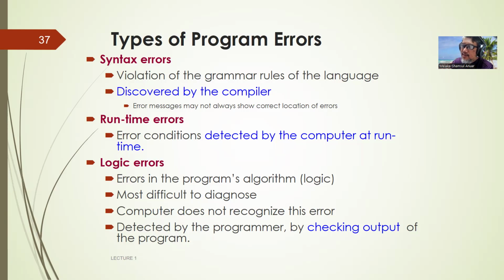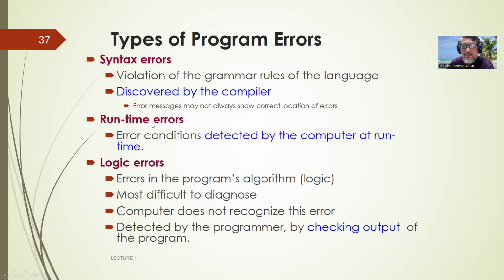You, as an engineer or the end user, should be able to tell that possibly this is not the correct answer, but the computer would not know that because it is not in its programming. Maybe it's not smart enough to notice that, but we possibly have the capacity to catch that error. So this is called a logic error. It might not always be within the capacity of the computer to detect.